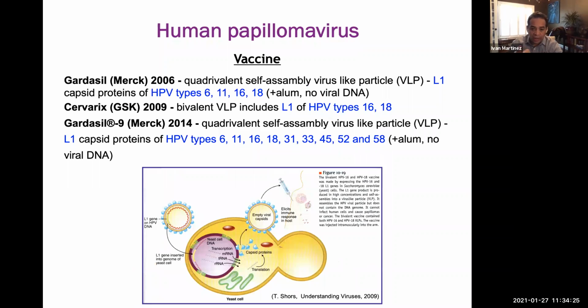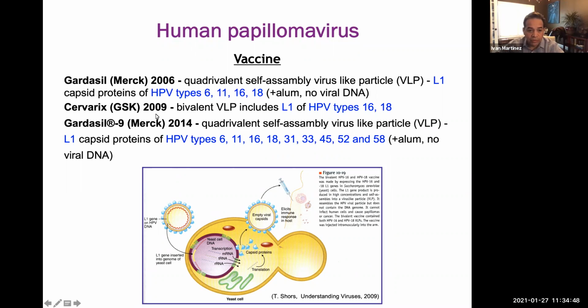Fortunately for us, now we have several vaccines against HPV. The first one released was in 2006. That was Gardasil by Merck. And this vaccine was mostly targeting HPV types 6, 11, 16, and 18. So you can see here that we're not only targeting the high-risk HPVs, but also the low-risk HPVs related to genital warts.